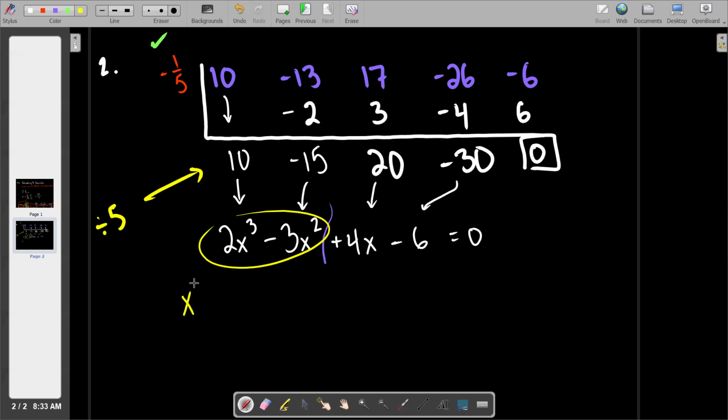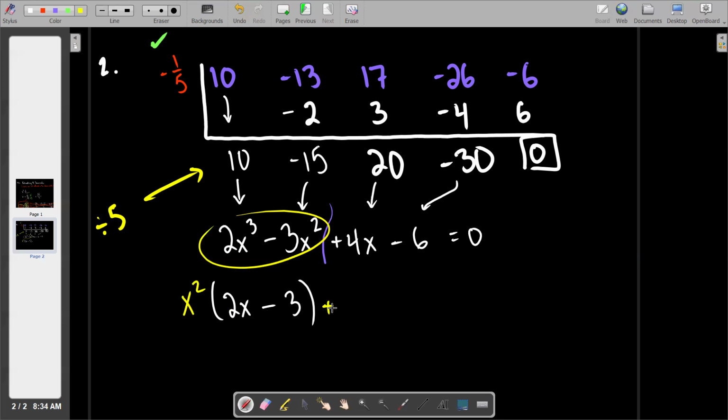That's the best we're going to do. And what does that leave behind? Nothing changes, we're just taking x's out of them. No signs change, no numbers change. Then we copy down the sign after the wall, always, which is a plus.